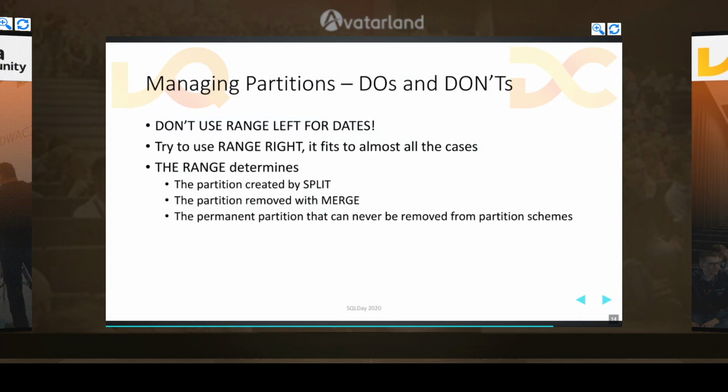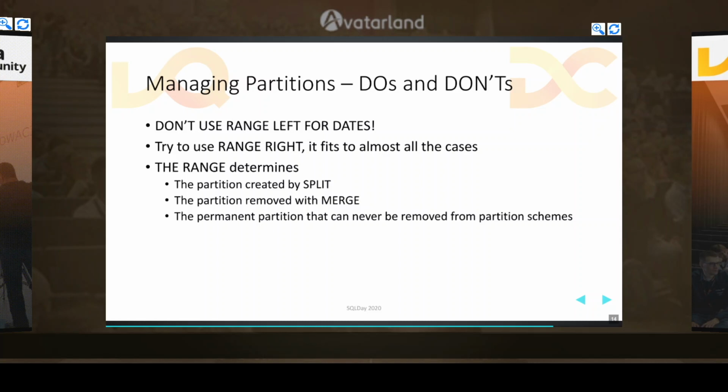Again, the range, left or right, determines on which part of the interval the partition is created by split. When you perform right, then the new one will be on the right. The removal of a partition is also defined by the range right, or the range itself in the function.